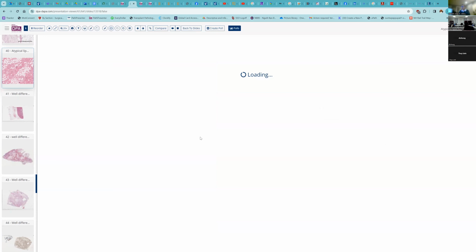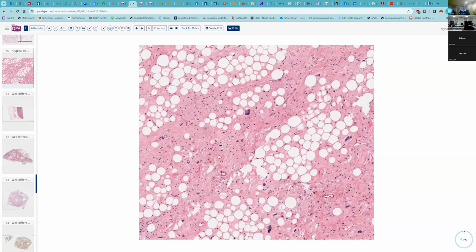where we had a much more solid fibrous tissue with a little bit of atypia, and maybe you have some heterologous elements like smooth muscle, or maybe a little bit of cartilage or something like that in this tumor. That can be a manifestation of dedifferentiation, but with a low-grade dedifferentiated component.